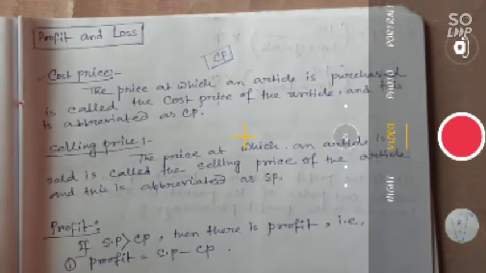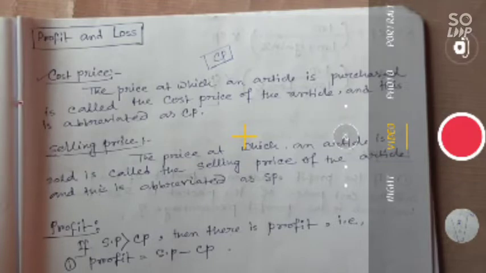So if I ask you what will be the cost price if you purchase a pen at 10 rupees, what will be the cost price of the pen? Who can tell me? Very good.